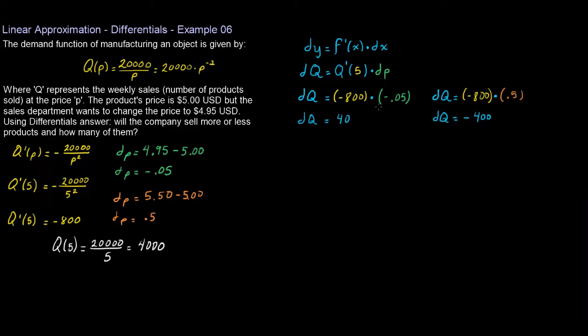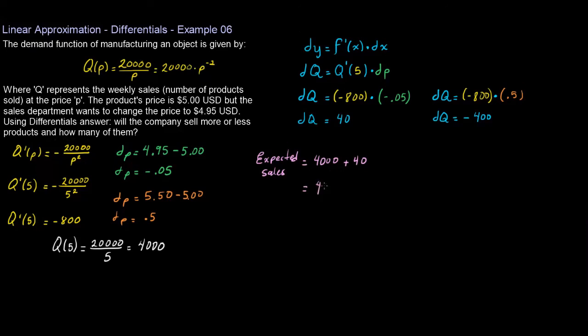Now, if you lower the price to 4.95, you will be expecting to sell more products. I'm going to write it here in pink. The expected sales: if you lower the price, you will be selling 40 more products, in this case by lowering the price 5 cents. So the expected sales will be the actual 4,000 plus 40, because we'll be selling more due to the fact that we lowered the price.